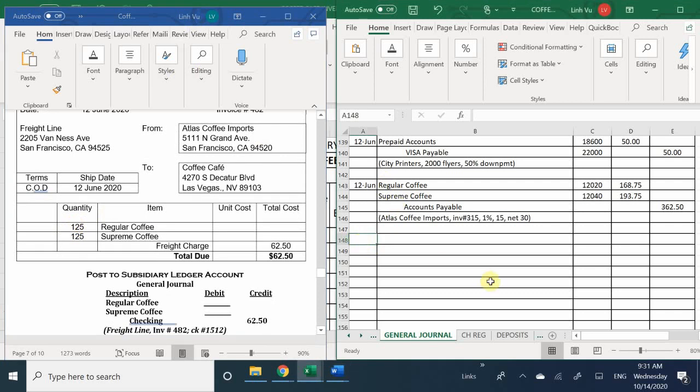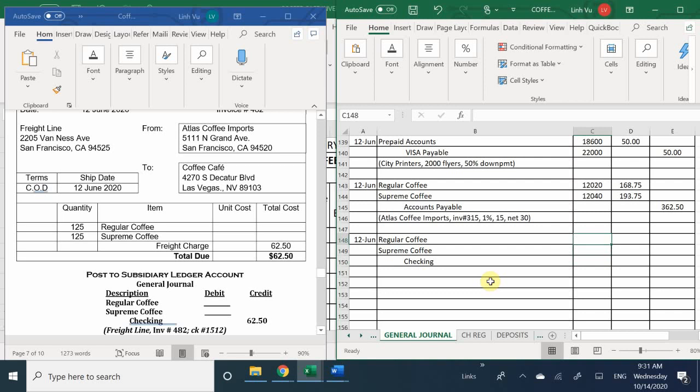So back to the journal. June 12th, June 12th. Again, because this is related to our inventory item, it's considered freight. We're going to place it directly into the inventory item. And of course, we paid cash on delivery, so we wrote a check.